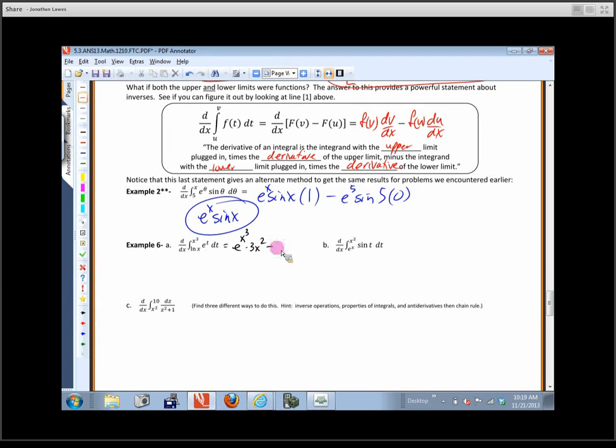So that's going to be e to the ln of x times the derivative of the lower limit, which is 1 over x. And then we're going to clean this up just a little bit. So this is going to be 3x squared e to the x cubed. These two undo each other, so this is just an x times a 1 over x, so that's going to be a minus 1, and that is the answer.